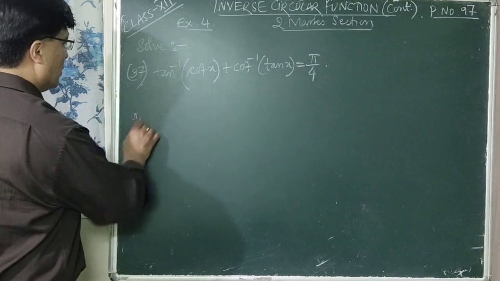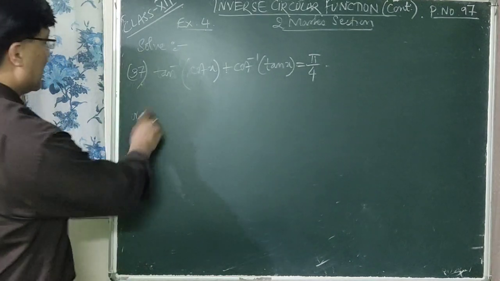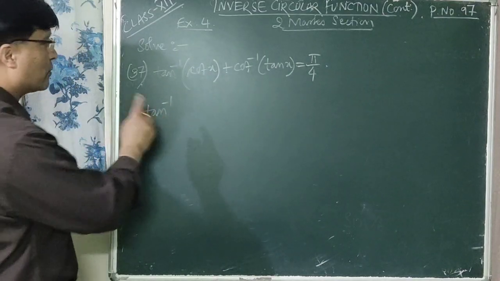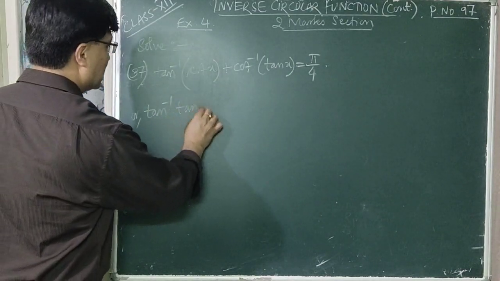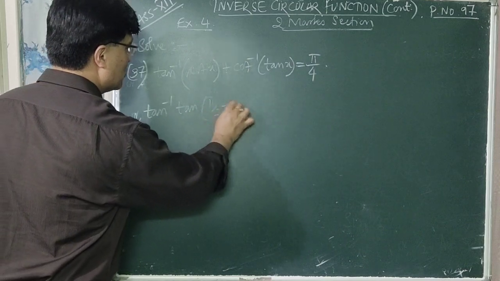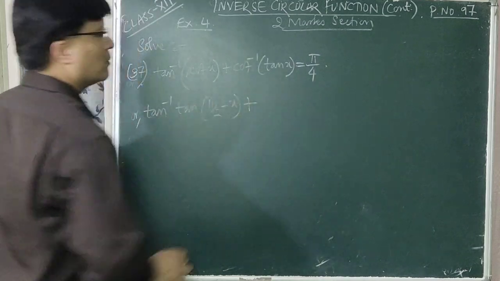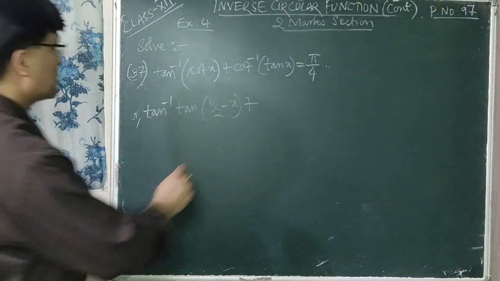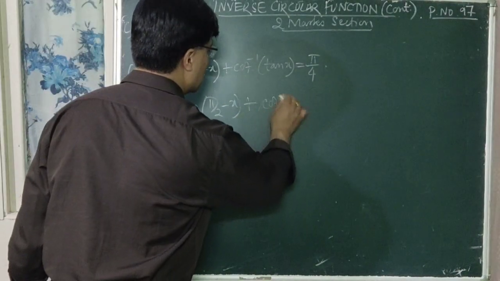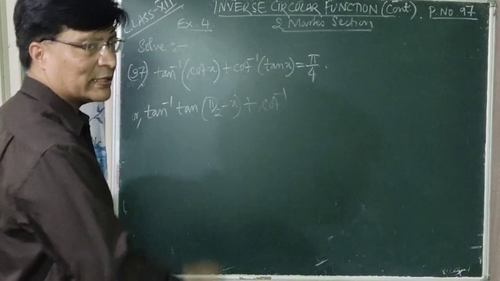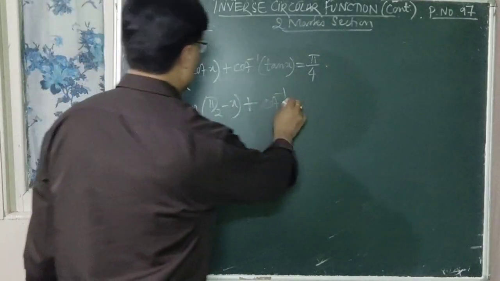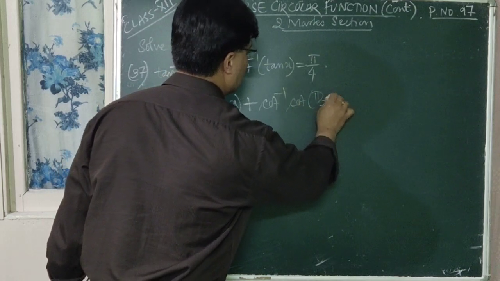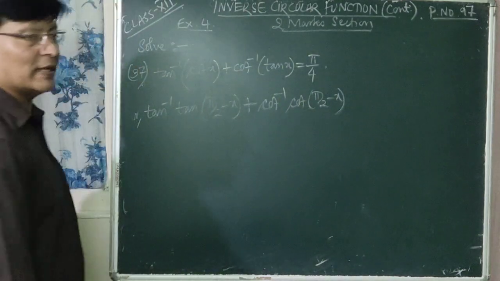So next, it is tan inverse. What will you write for cot x? Tan pi by 2 minus x plus cot inverse. What will you write instead of tan x? It is cot pi by 2 minus x, right?